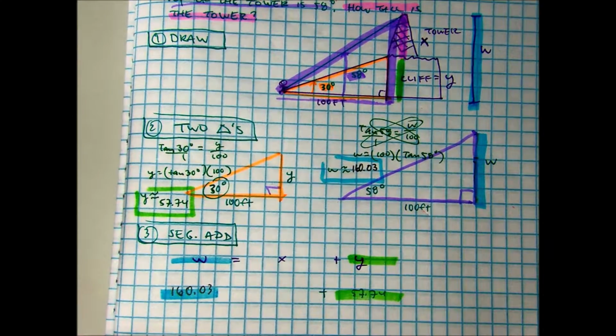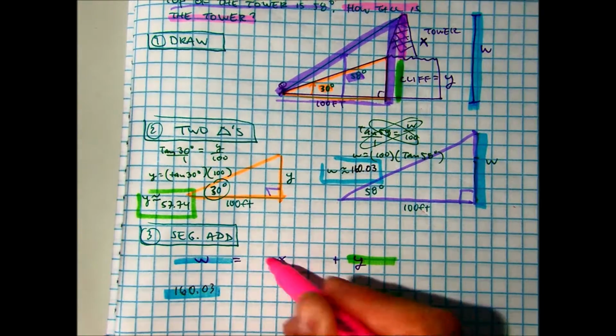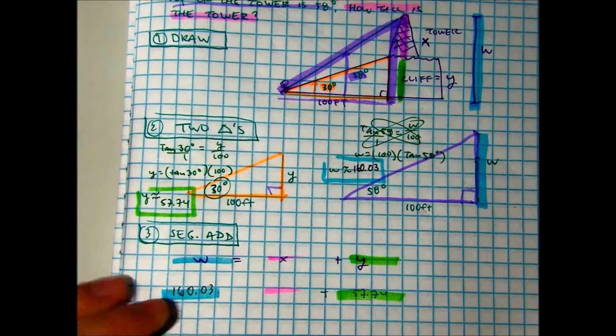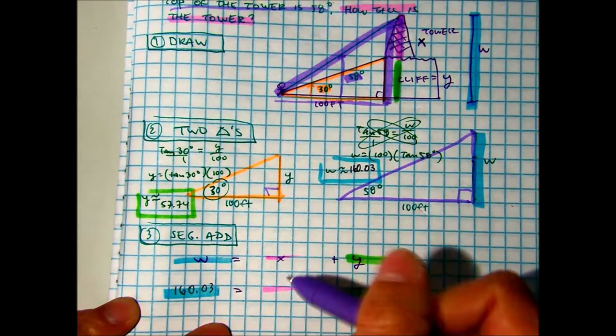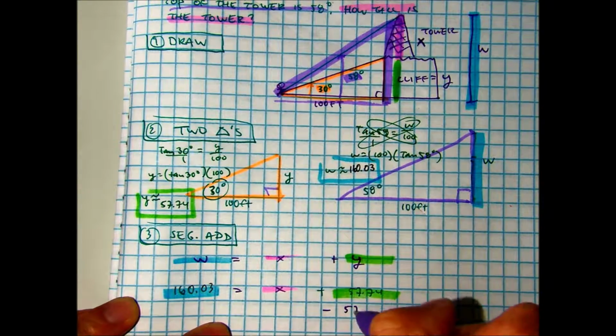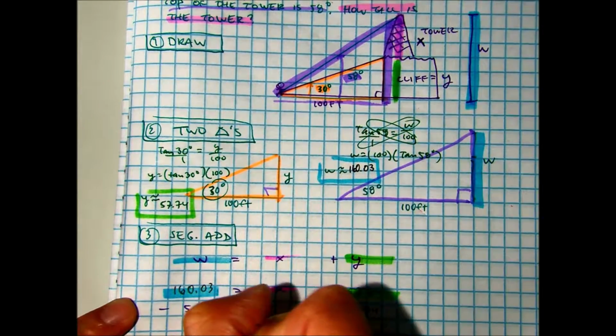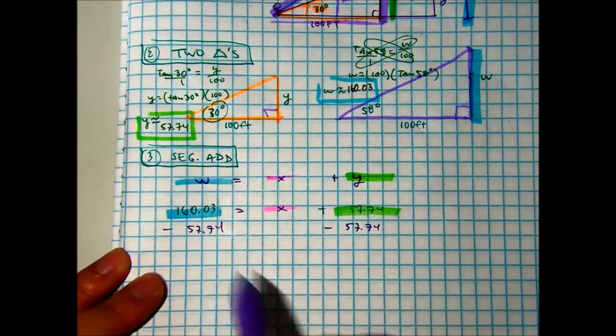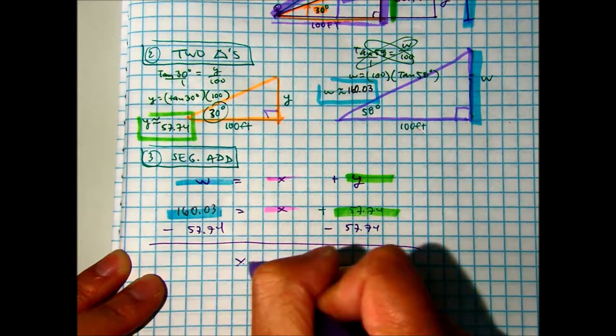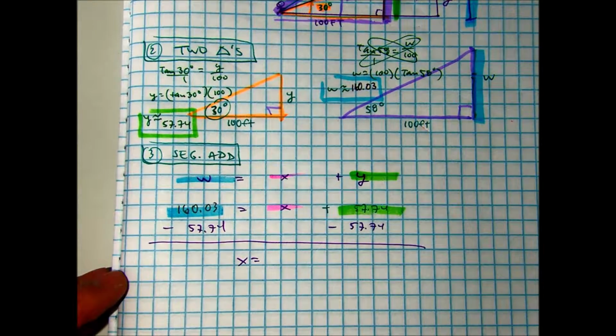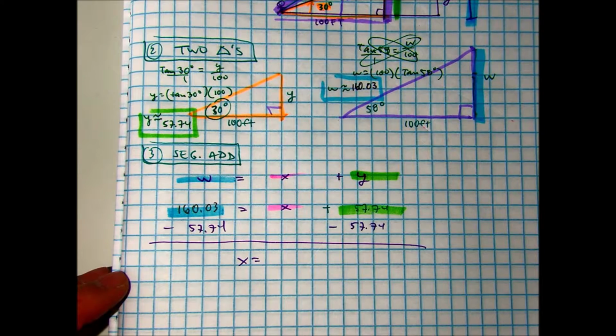And we don't know the unknown, which is our X value. So we're going to subtract 57.74. We're going to get an X length of 160.03 minus 50.